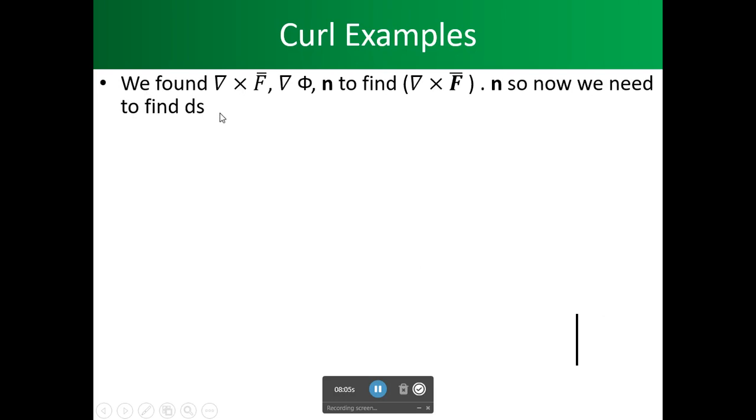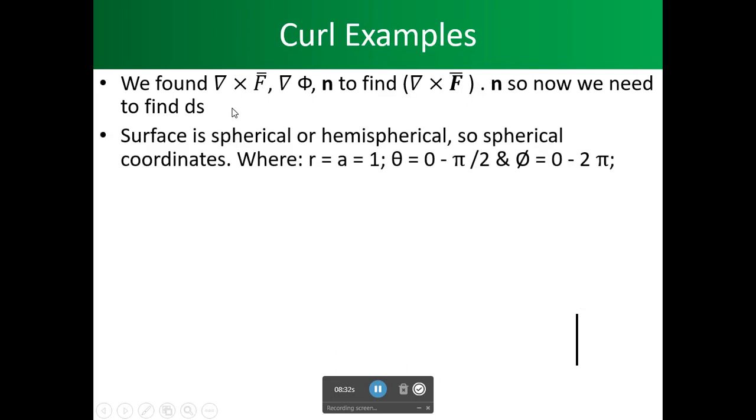We found the curl, we found the gradient, we found the normalization times the gradient, the gradient normal vector. We did that, so now we only need to find out what our dS is.